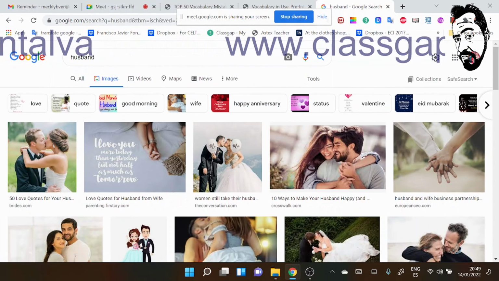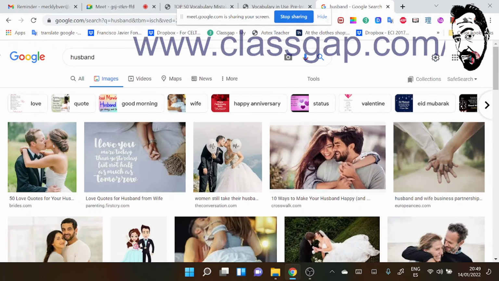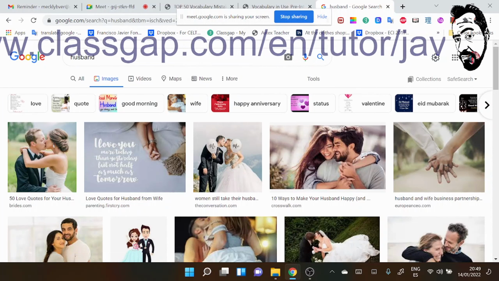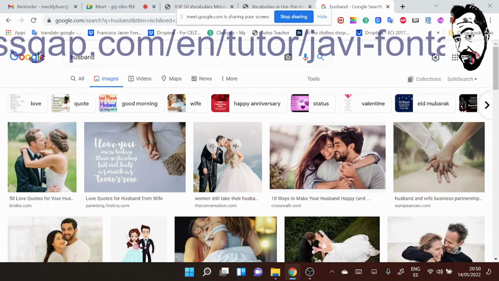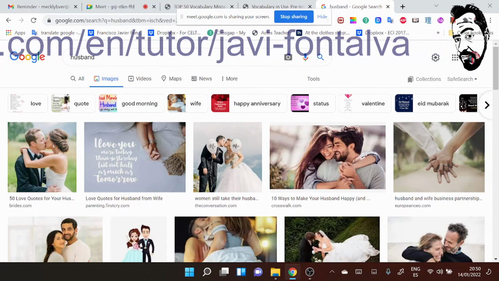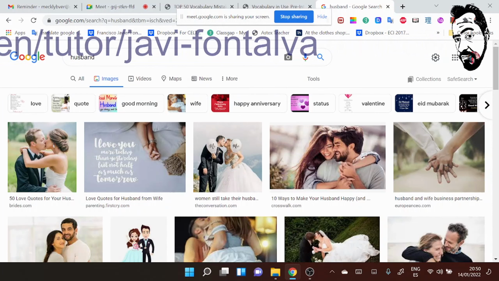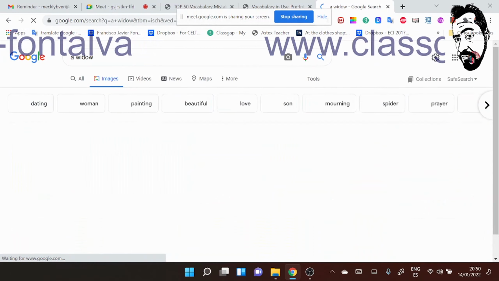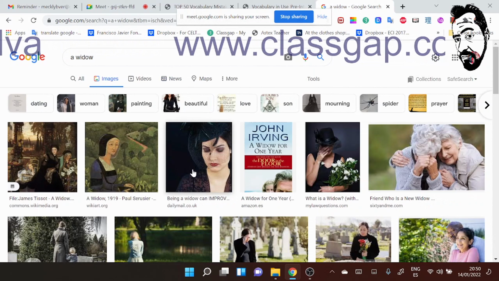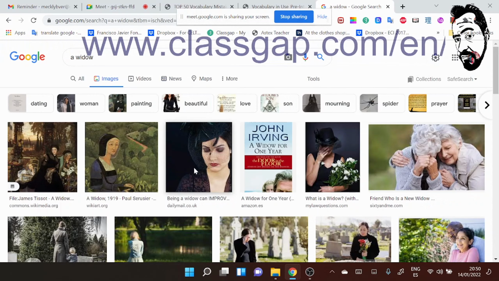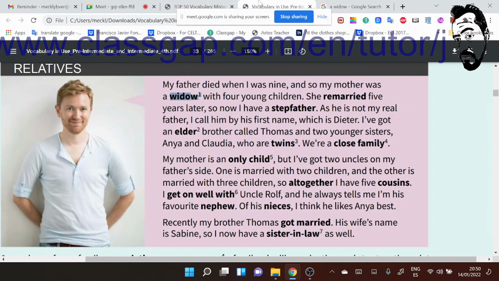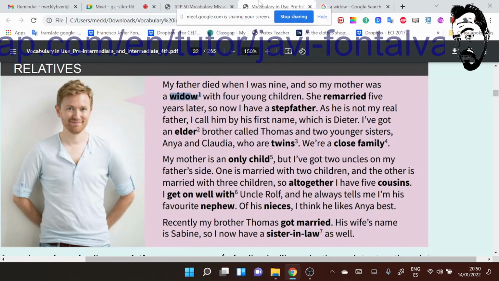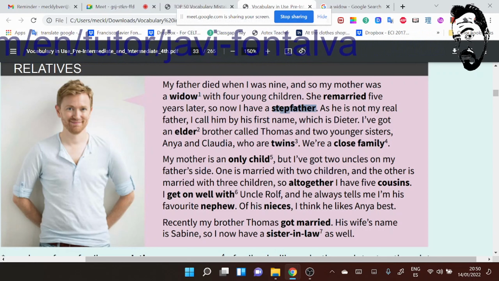Imagine a wife and a husband, and the husband is dead. She becomes a widow. It means a woman who has a dead husband. In Spanish the word is viuda.